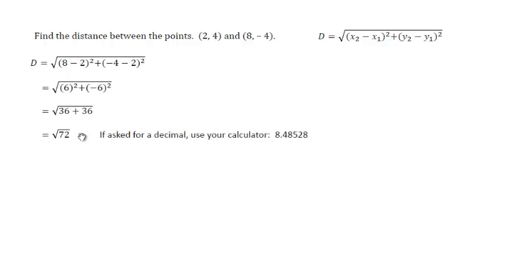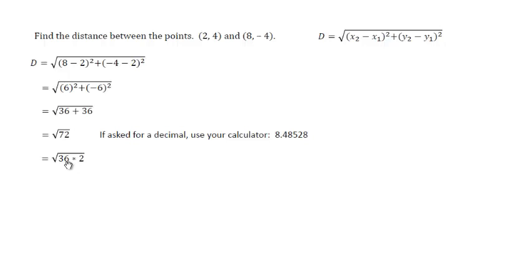If asked for a decimal, you can now use your calculator. An estimate for that is about 8.48528, so somewhere close to 8.5, between 8 and 9. But you may be asked to simplify that, in which case to simplify a square root, you will break the radicand down to the product of a square, if you can find one.